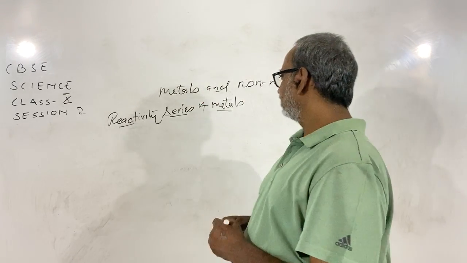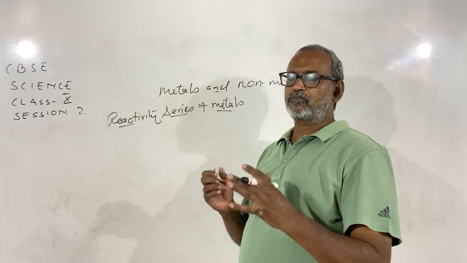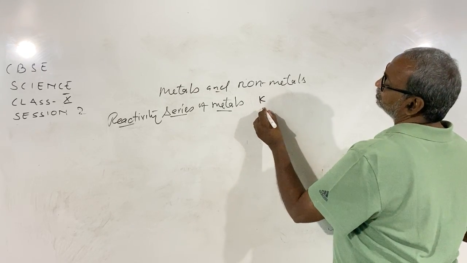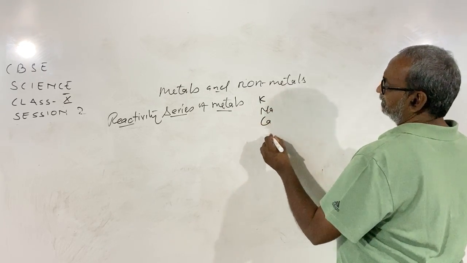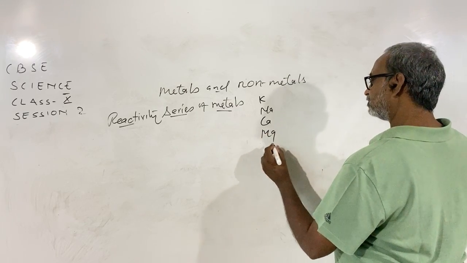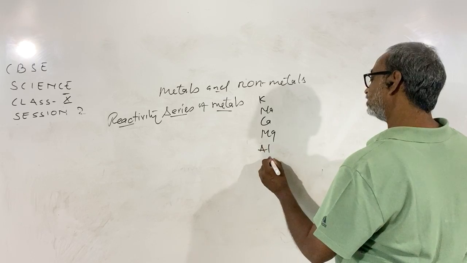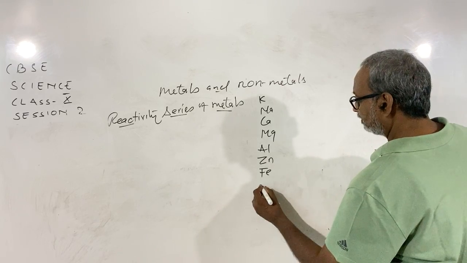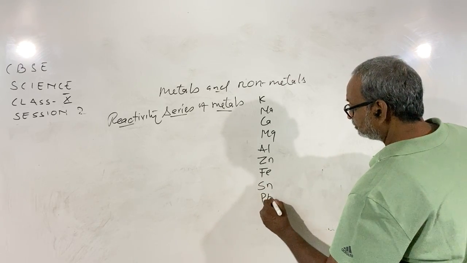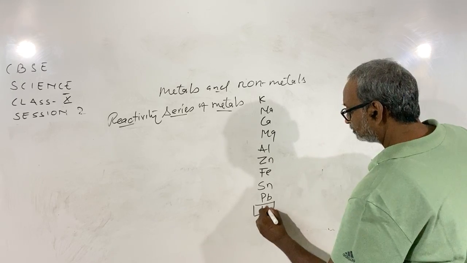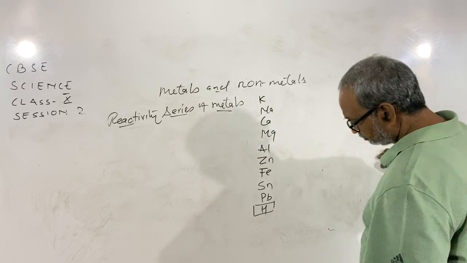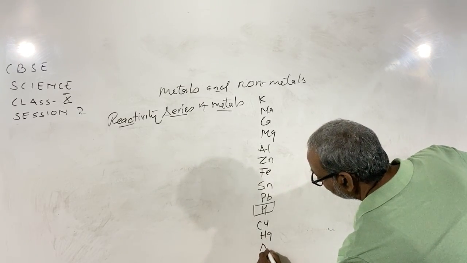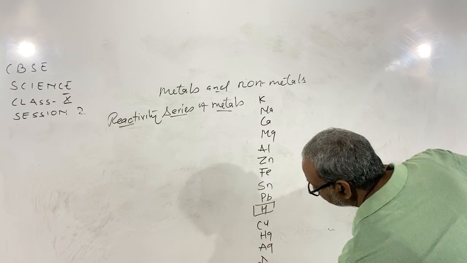Let's see. This is the reactivity series of some common metals. It does not include all the metals, remember. Potassium, sodium, calcium, magnesium, aluminium, zinc, iron, tin, lead, hydrogen, copper, mercury, silver, gold.